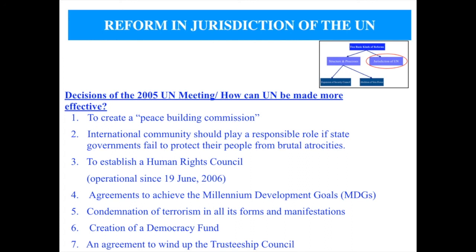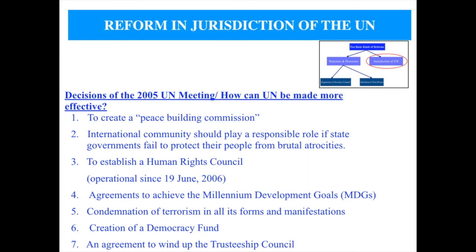The first one was to create a Peace Building Commission. The second is that the international community should play a responsible role if state governments fail to protect their people from brutal atrocities. So here the United Nations has to play a role in those countries where the government fails to protect their people from brutal atrocities. And then it also resolved to establish a Human Rights Council, which actually has been operational since 19th June 2006.